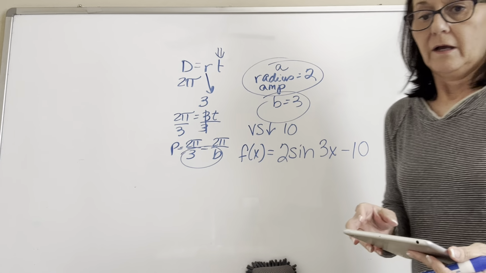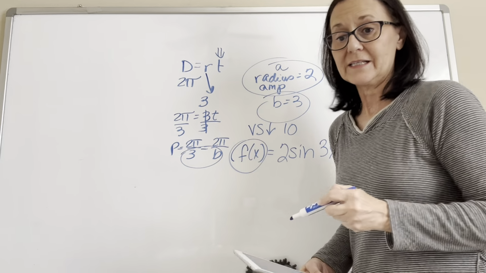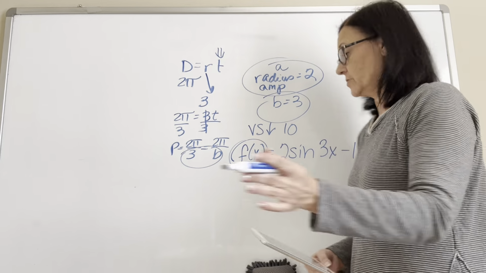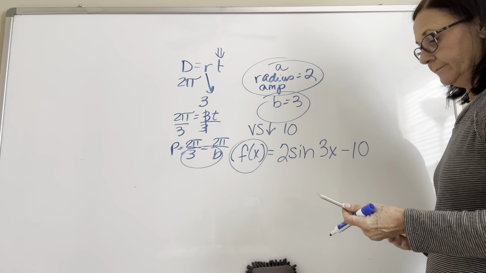All right, B. What is the first time that the tip E of the rod will be at a height of -9? That's our y value, right? F of x represents the y value. So set all of this equal to -9.